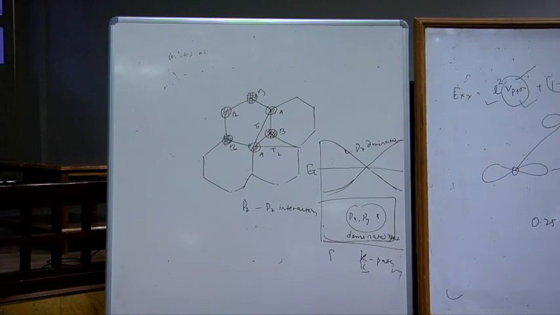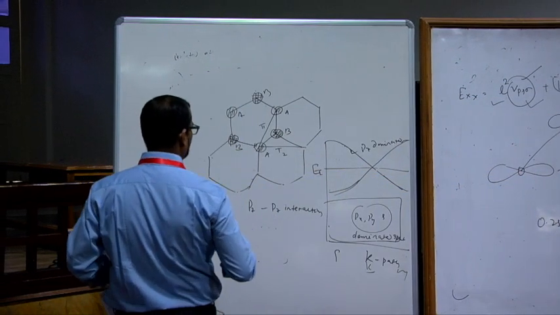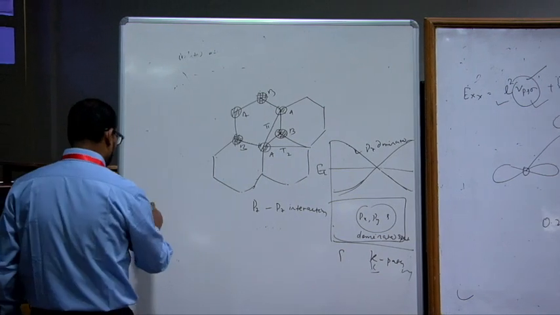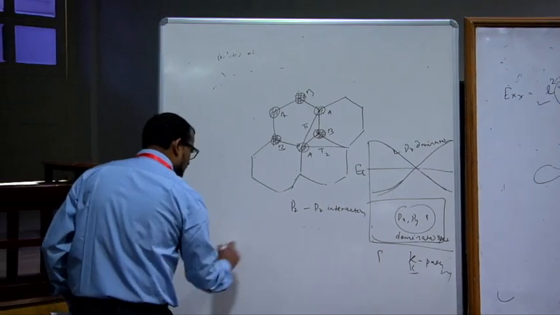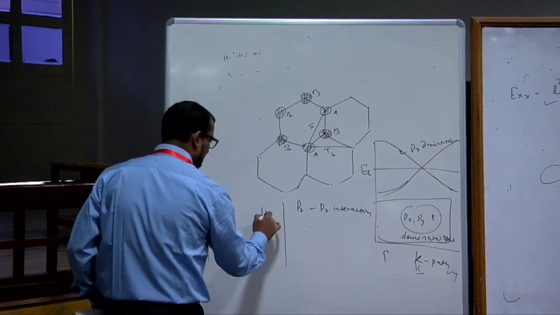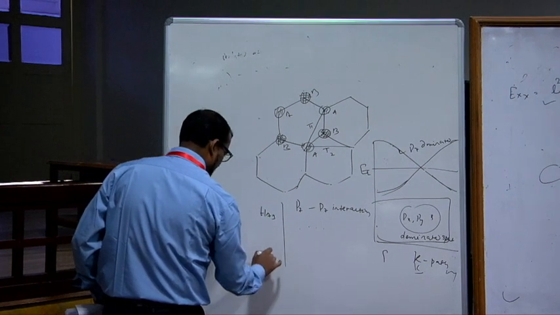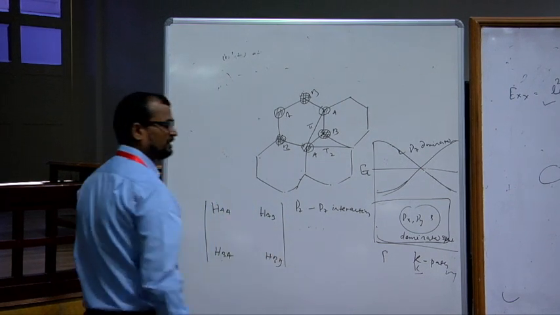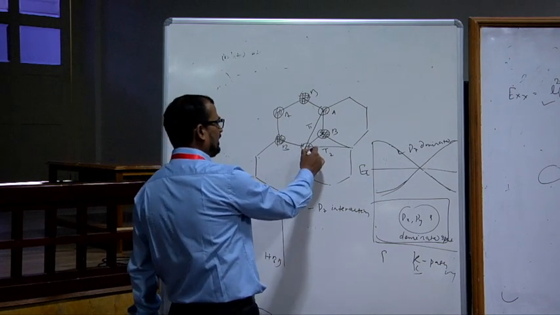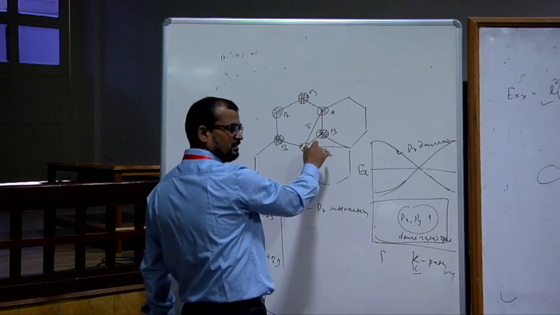Alright. So now I have two sublattices, A and B, and I create a Hamiltonian matrix of this nature: HAA, HAB, HBA, HBB. When I say AA, it means Pz orbitals of A interacting with the Pz orbitals of other A's.